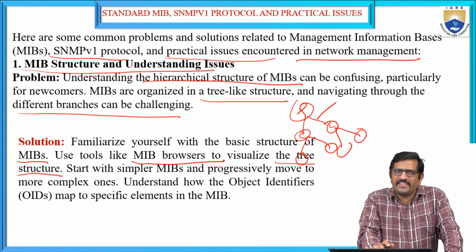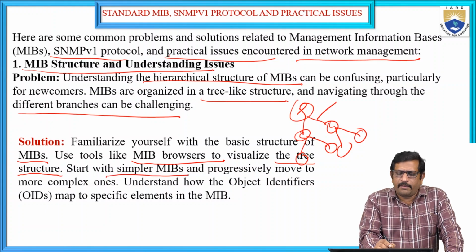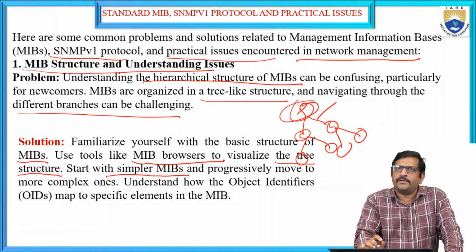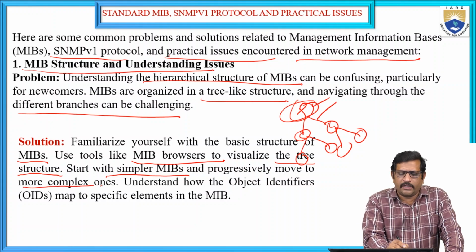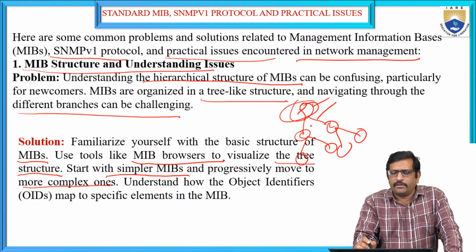Now, start with a simpler MIB, where every tree structure starts with the parents, and then progressively move to the more complex nodes. That means we are moving from parent to children. The data can be stored at the node level: level 0, level 1, level 2, up to level n.